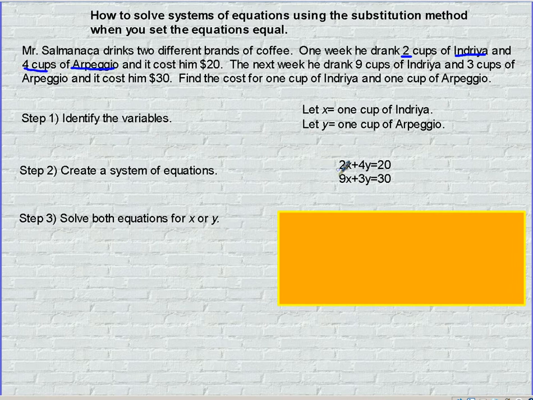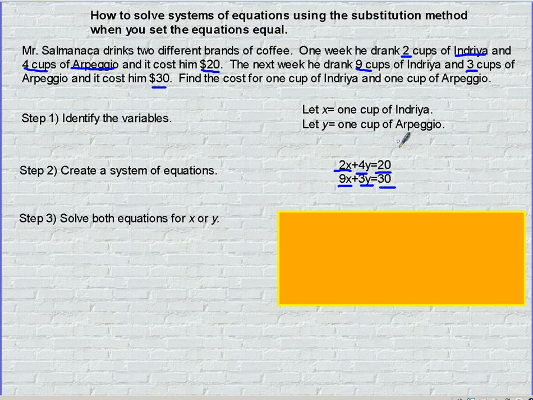So that gives us 2x plus 4y. And it cost $20. That gives our 20. The same situation is similar for our second equation. 9x plus 3y, and our total is 30.